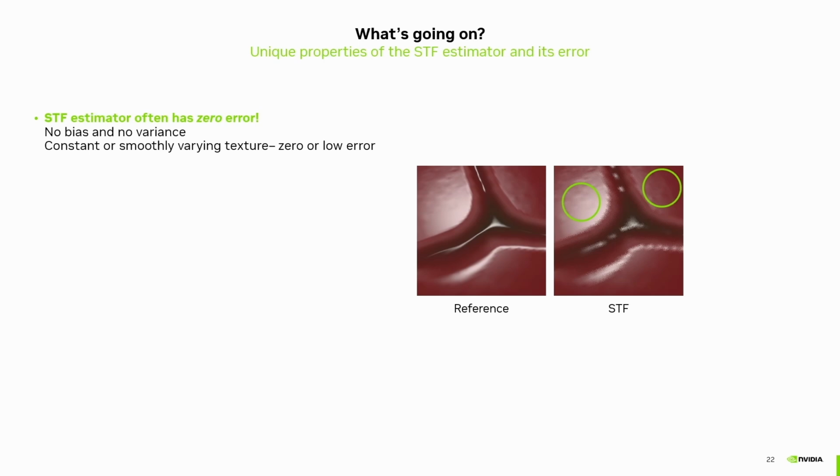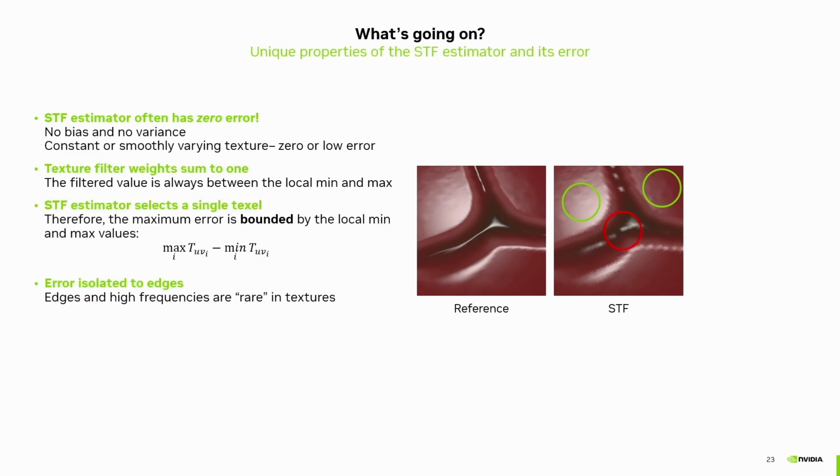First of all, STF estimator often has exactly zero error, zero bias, zero variance, and this happens, for example, on constant texture regions. This is because texture filter weights sum to 1, and STF selects one of the text cells. The maximum error is bounded by the local minimum and maximum values.